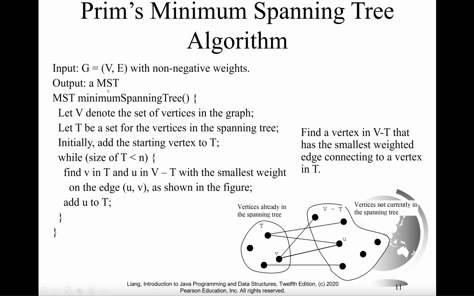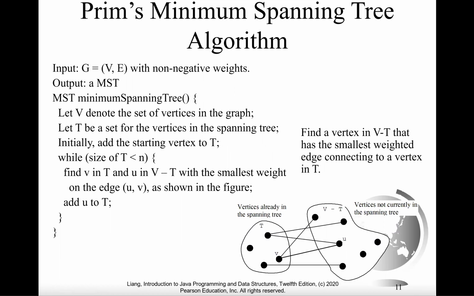Output is a minimum spanning tree. Let V denote the set of vertices in the graph. Let T be a set for the vertices in the spanning tree. Initially, add the starting vertex to T. So T has now only one vertex.